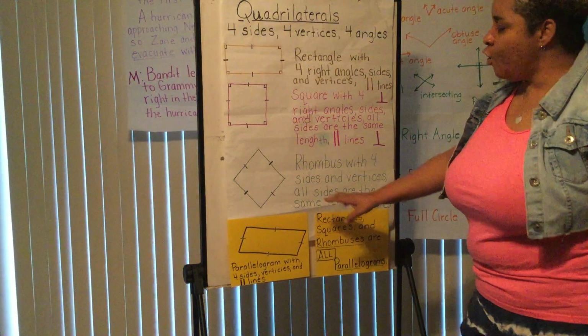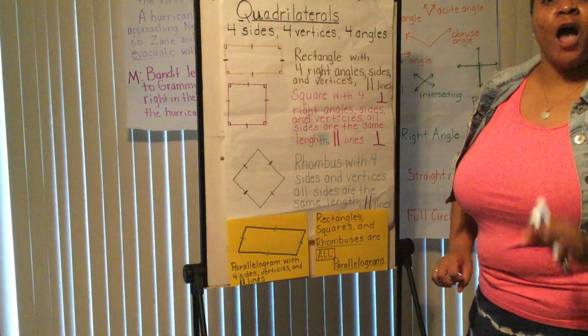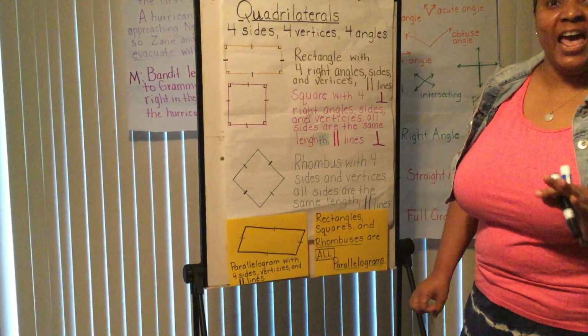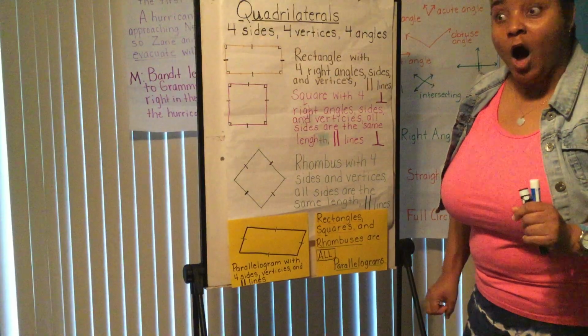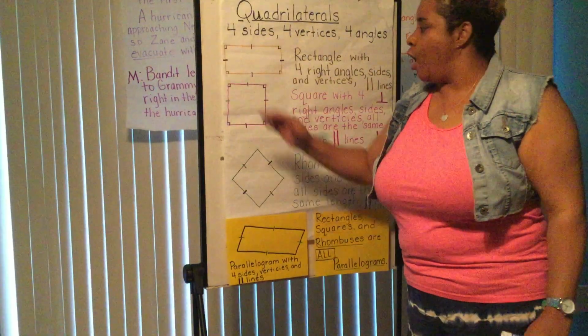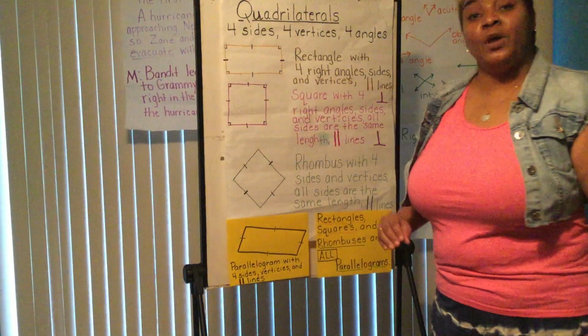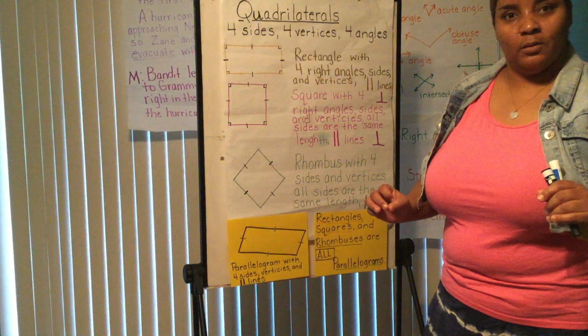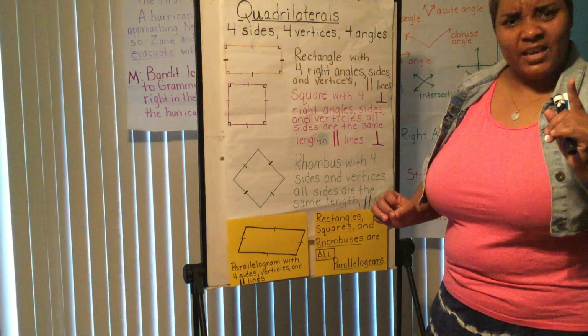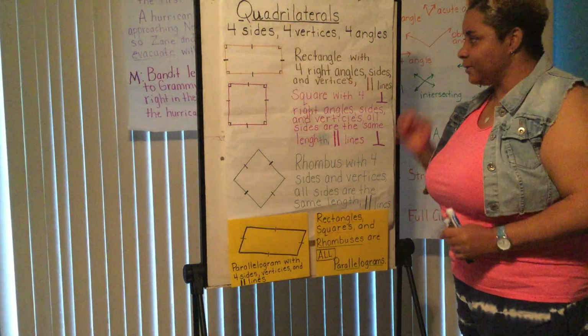All the sides on the rhombus are the same length. Just like the square, all the sides are the same length. So the rhombus is in the family with a square. Got it? Making sense? Make sure you have your notes.